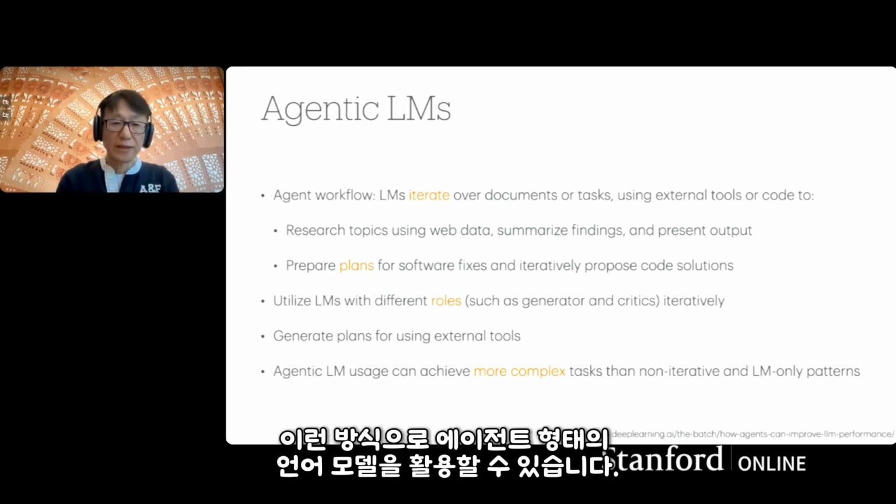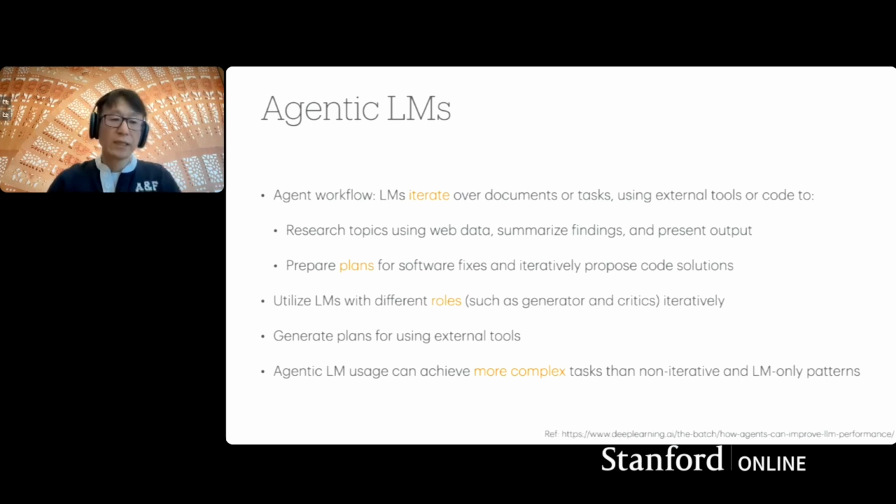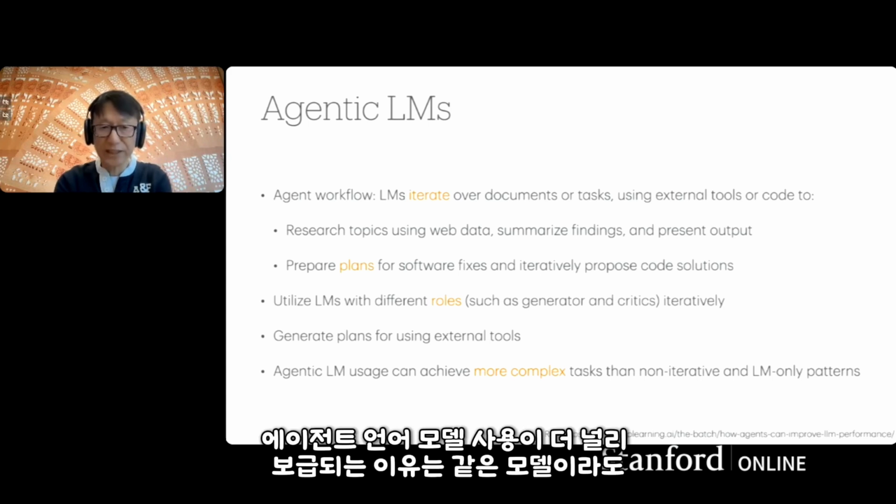These are the ways that we can use language models in agentic format, by doing iterative language model calls. The main reason why this agentic language model usage is getting more widely used is that, given the same model, a direct request to the model may not be able to handle it.